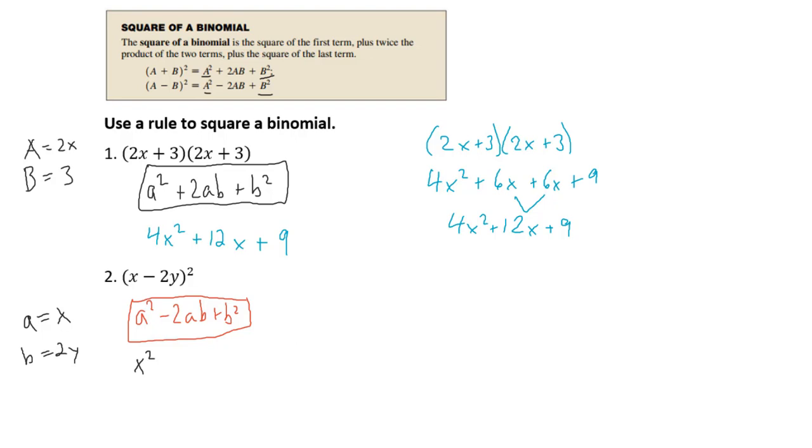And the middle is the negative 2ab, so put negative, and then 2ab. So x times 2y is 2xy. Double that, you get 4xy. Plus b squared, 2y times 2y, which is 4y squared. So that's how you apply the rule of squaring a binomial.